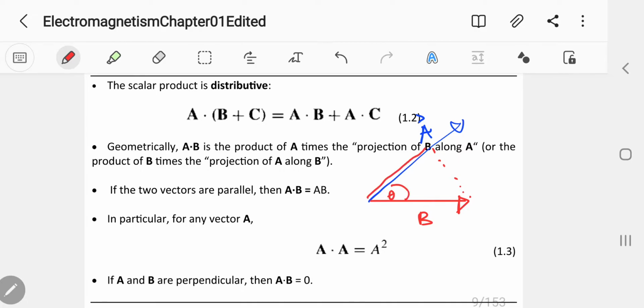So you have a projection of B. This is B cosine theta. Sorry, this doesn't have an arrow above. So this is the scalar product. You have A times B cosine theta. The magnitude, just the magnitude.